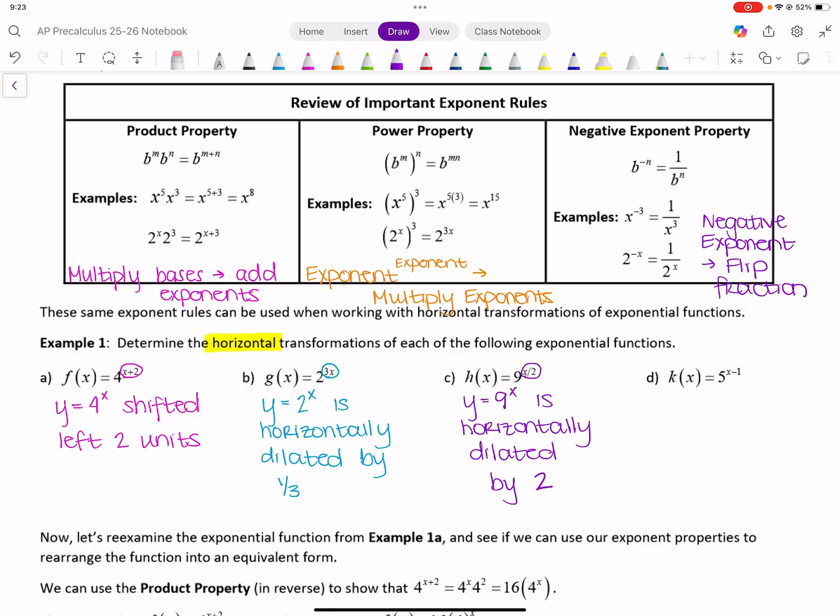And then last but not least, example D, I want you guys to see if you can figure out the horizontal transformation that is occurring.